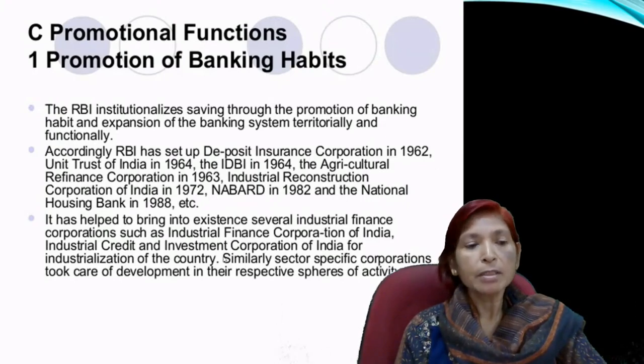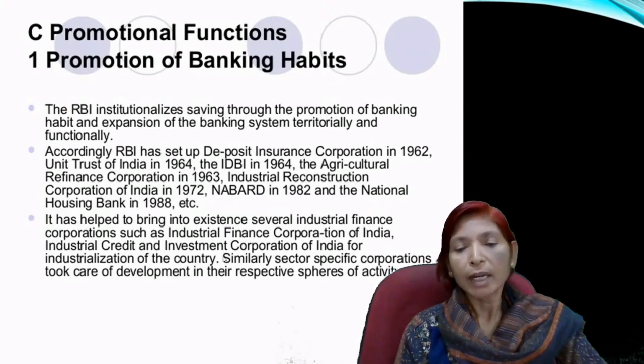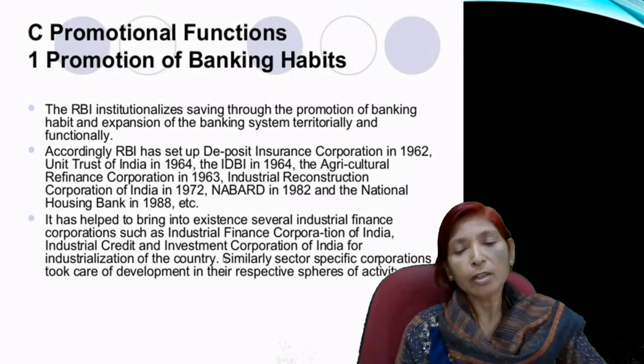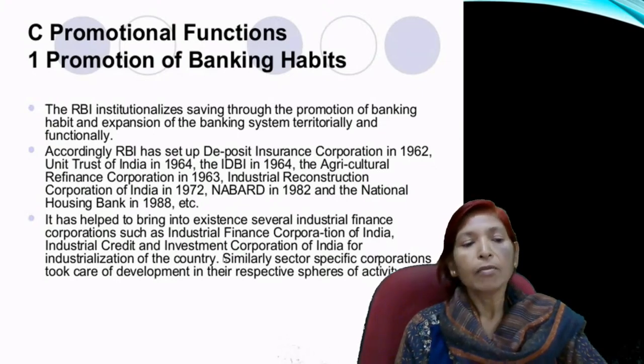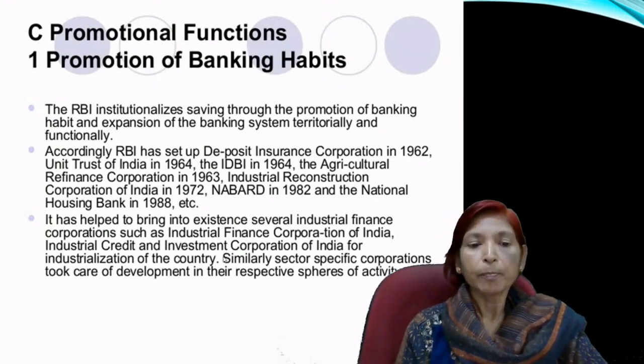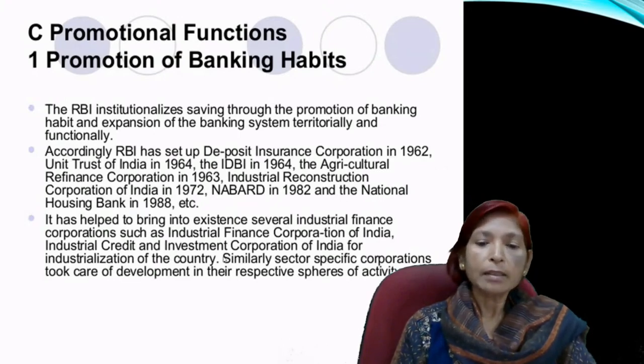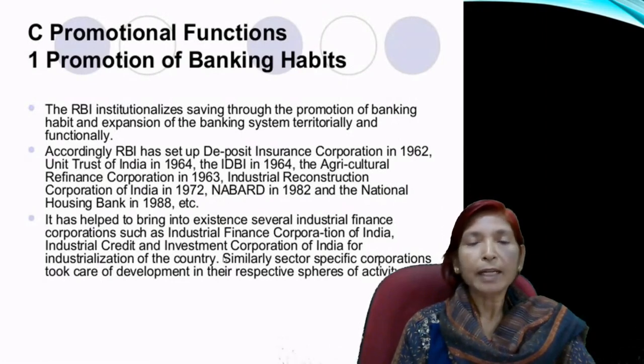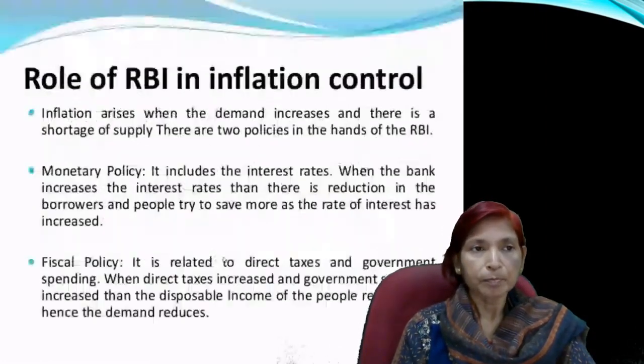It has helped to bring into existence several industrial finance corporations such as the Industrial Finance Corporation of India and the Industrial Credit and Investment Corporation of India (ICICI) for the industrialization of the country. Similarly, sector-specific corporations took care of development in their respective spheres of activity.